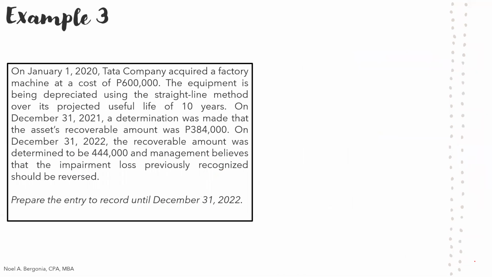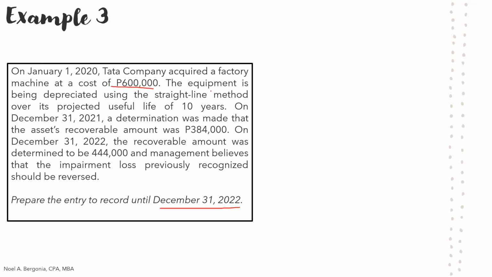Next would be example 3. So in example 3, you are being asked to record until December 31, 2022. Okay, so let's read the data. On January 1, 2020, Tata Company acquired a factory machine that costs 600,000.